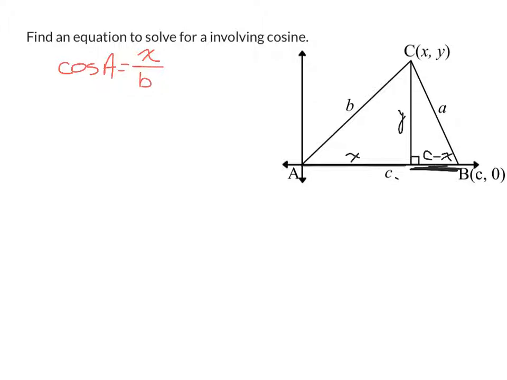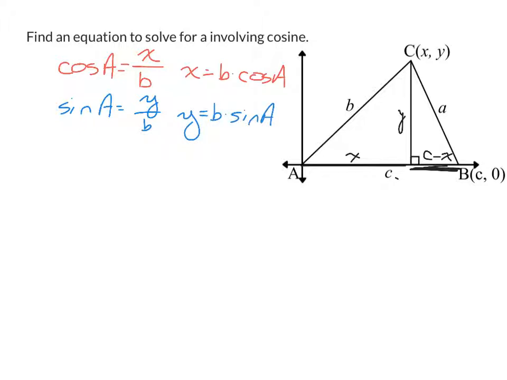And so x would be the same as b times cosine of A. The sine of A is your opposite over hypotenuse, so that's y over b. So if I got y by itself, that's the same as b times sine of A. Same with what we had with the law of sines.